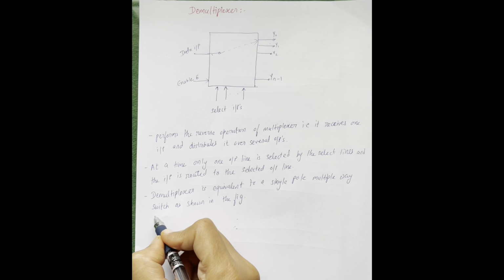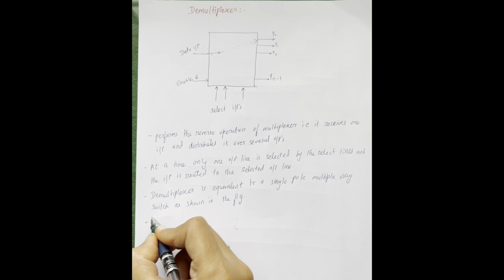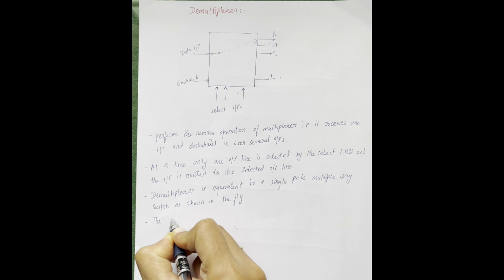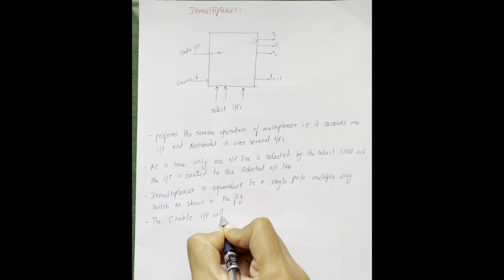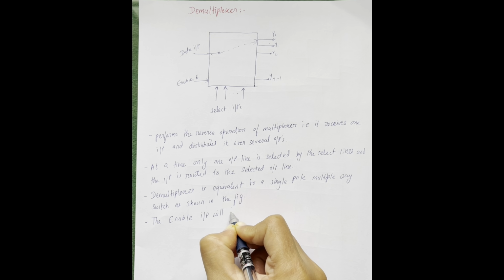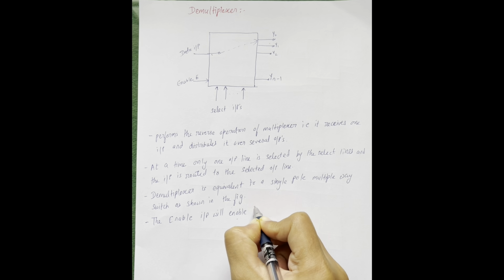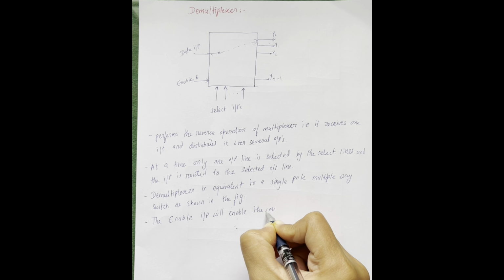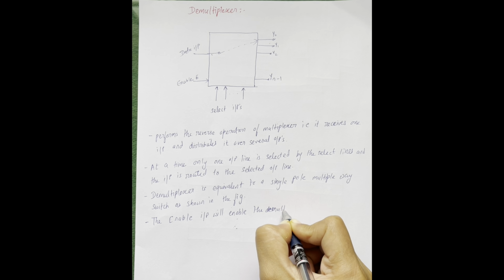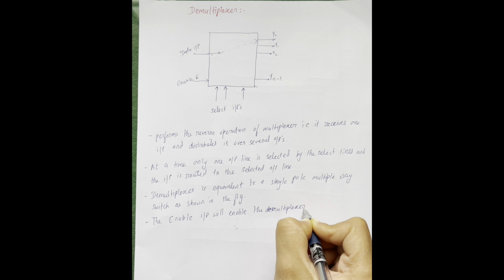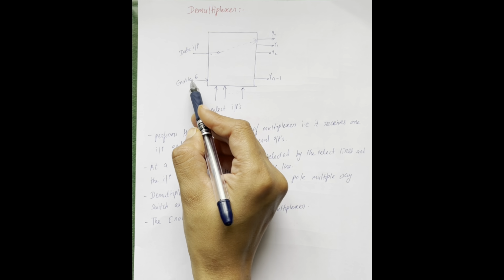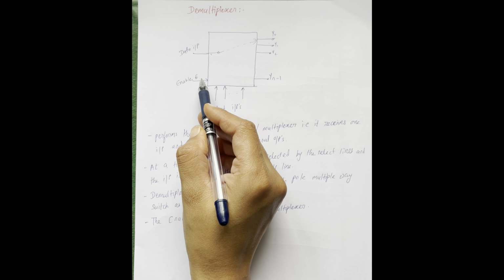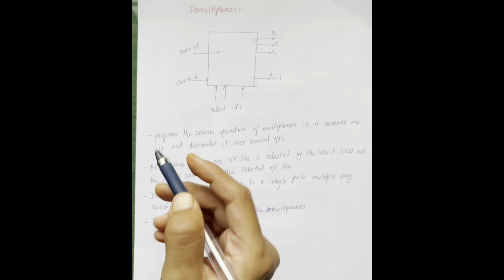The next thing is about your enable line. The enable input will enable the demultiplexer. If your enable pin is not active, then the demultiplexer will not work, right?